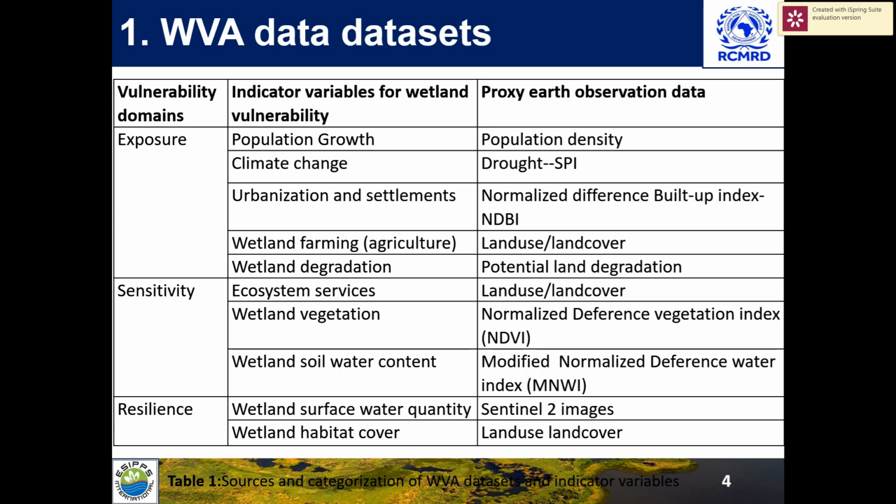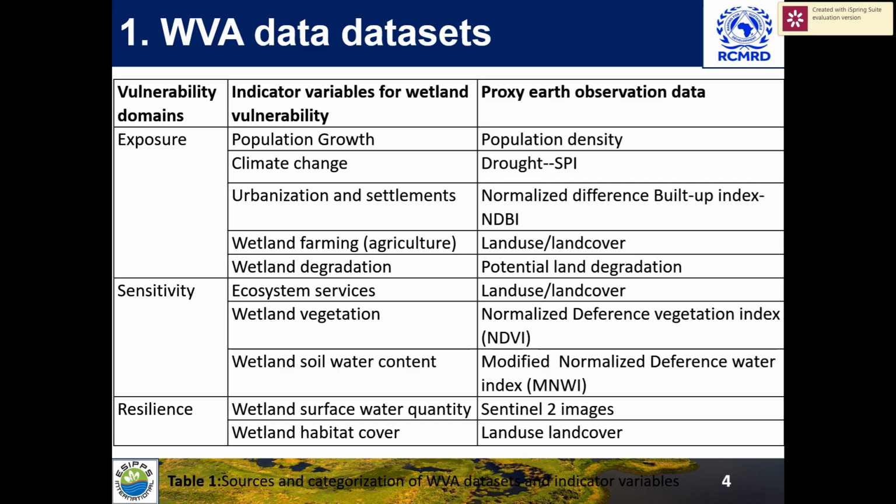In this table, we will see that the first column includes the vulnerability domains. And we have 3 domains: exposure, sensitivity, and resilience. Now, indicator variables for each domain are categorized in column number 2, where for the exposure domain, we have population growth, climate change, urbanization and settlement, wetland farming, and then wetland degradation.